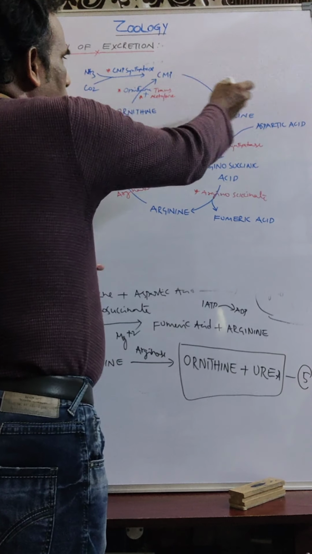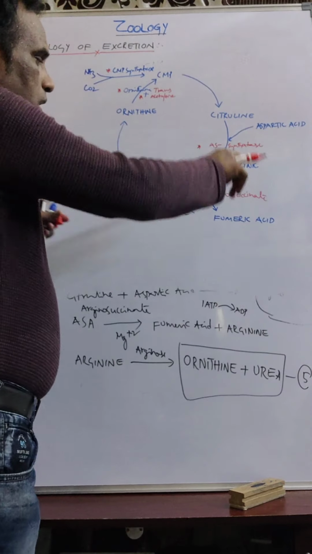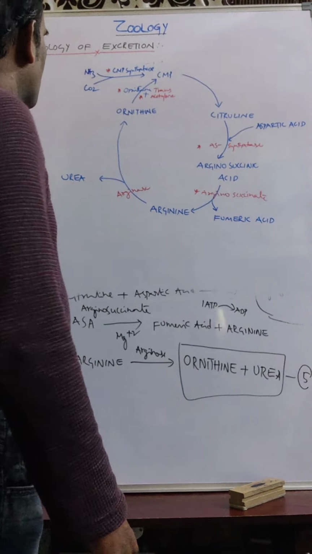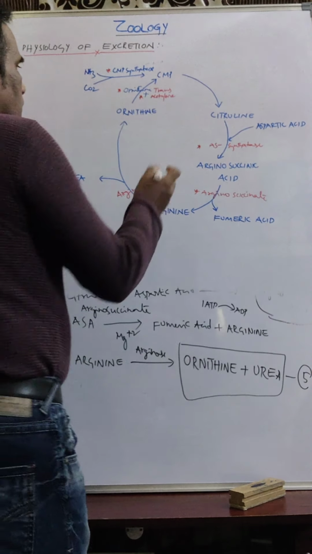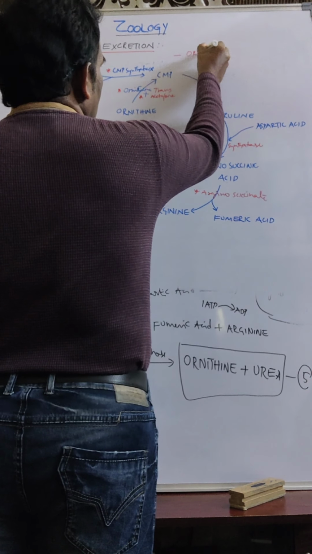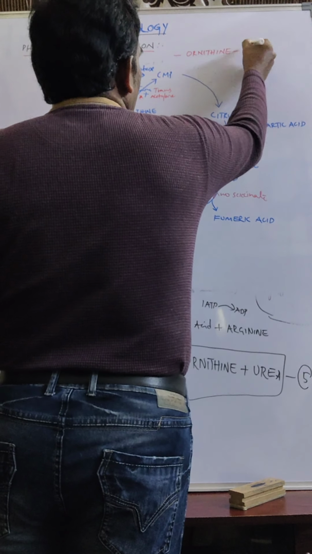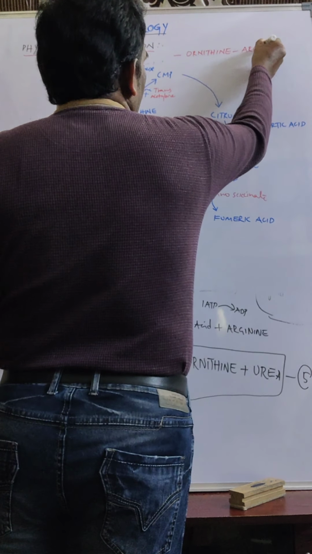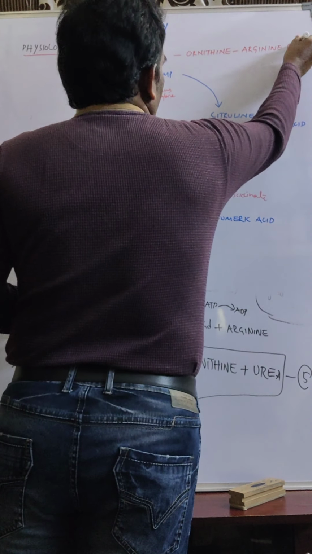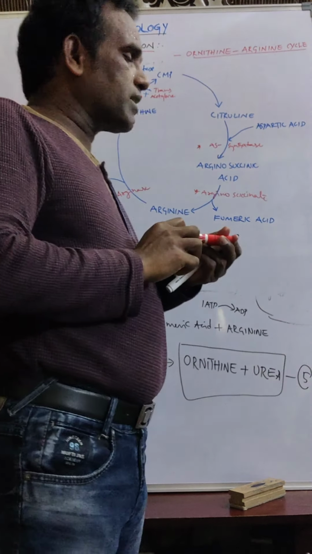Now this ornithine combines with carbamyl phosphate and continues the ornithine cycle, the urea formation cycle. Thus the formation of urea takes place. This cycle is called the ornithine-arginine cycle, or I can say the urea cycle.